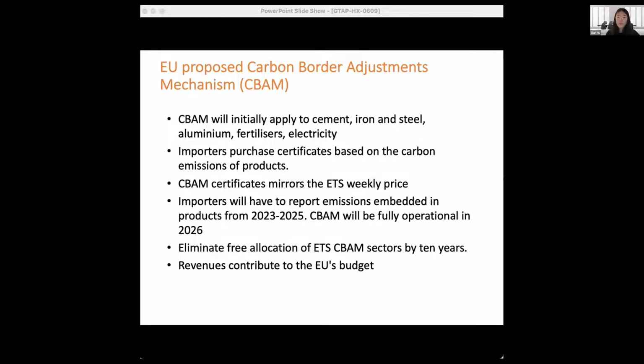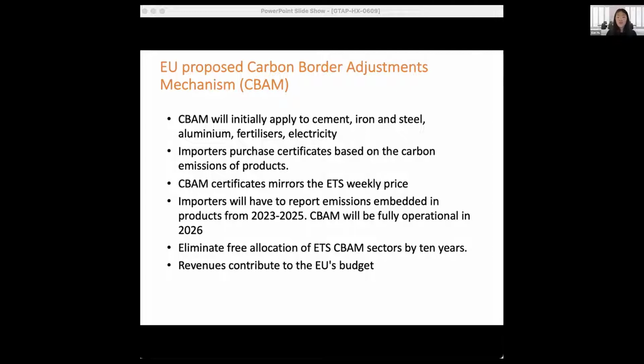Then let me briefly introduce the CBAM rules proposed by the EU in 2020. The CBAM will initially apply to cement, iron and steel, aluminum, fertilizers, and electricity. Importers in the EU should purchase certificates based on the carbon emissions of these products.